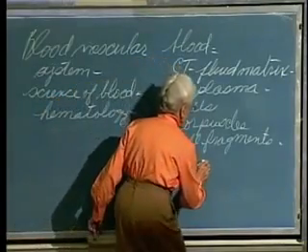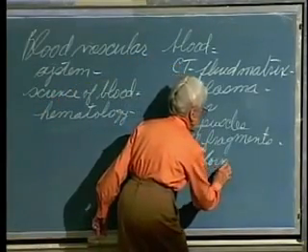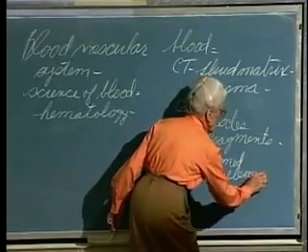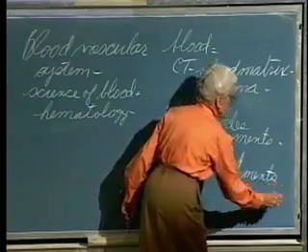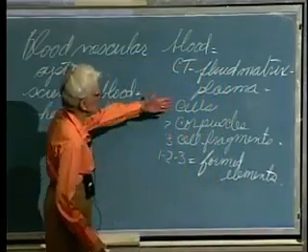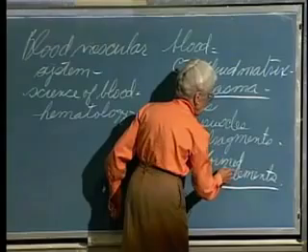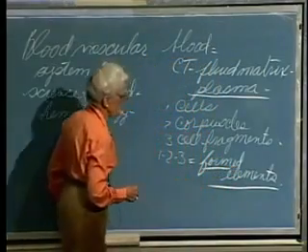These are considered formed elements in the blood. So when anybody asks you what blood is, it's plasma with formed elements, and then you can go from there.